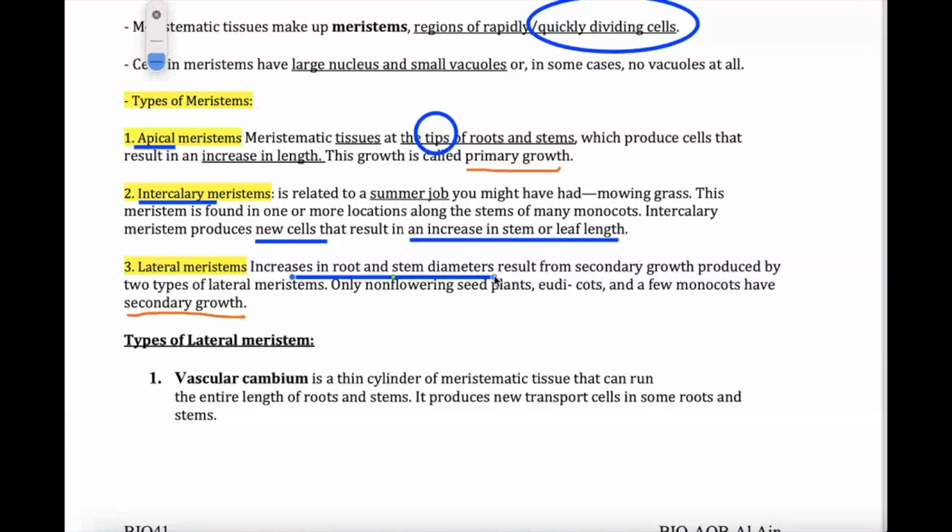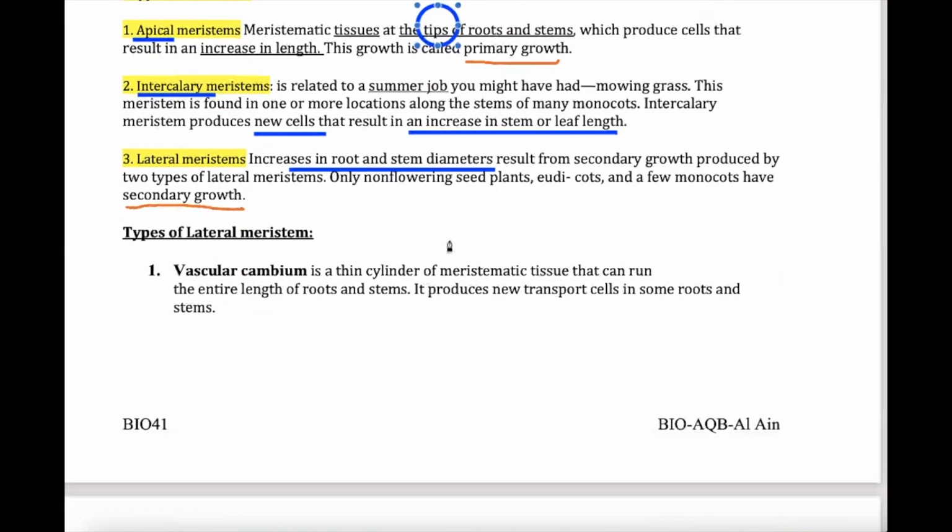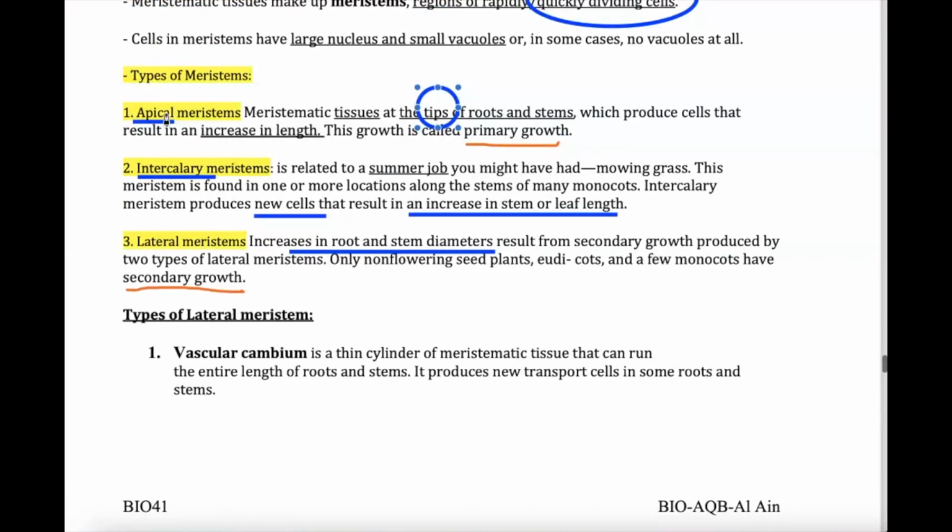So now it is clear. Apical meristem is actively dividing at the tips. Intercalary meristem is mainly in the leaves and the stem, and the lateral meristem mainly increases the diameter of the plant. One more thing: apical meristem is responsible for primary growth, and lateral meristem is responsible for secondary growth.